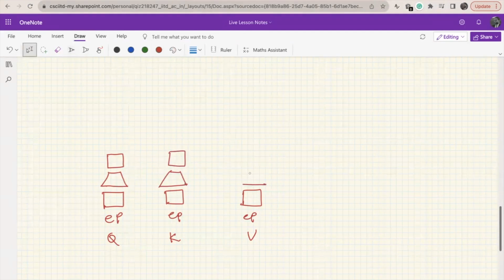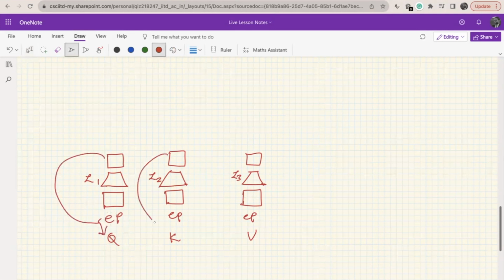Because we need smaller calculation, so we compress the data to smaller values. All these 3 linear layers are different. Once you do that, this is our query, this is the key, and this is the value.